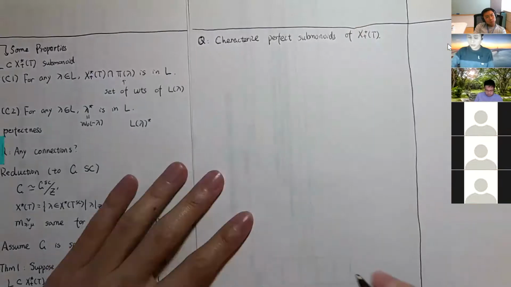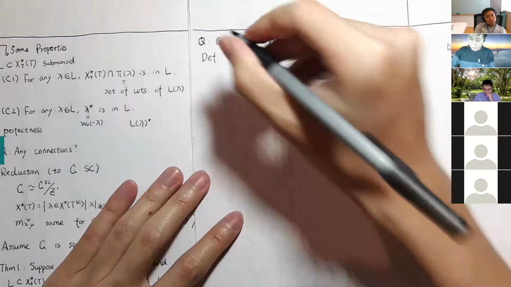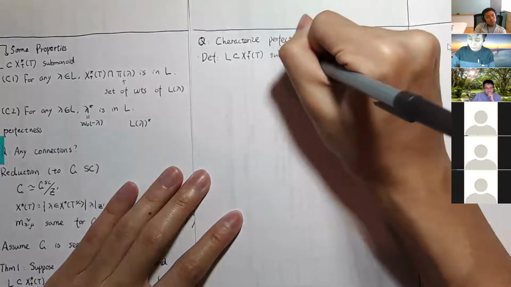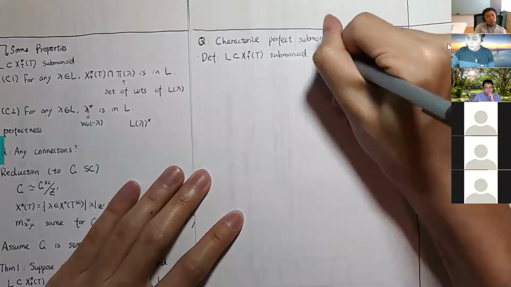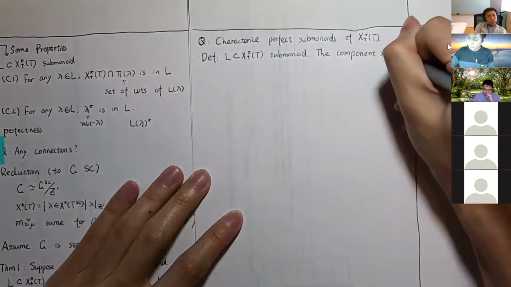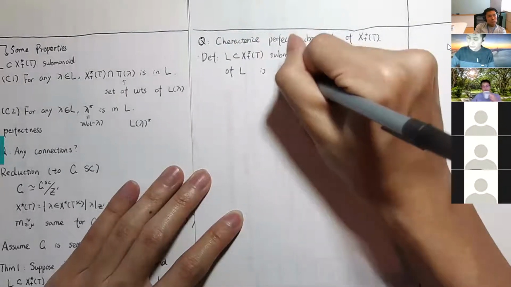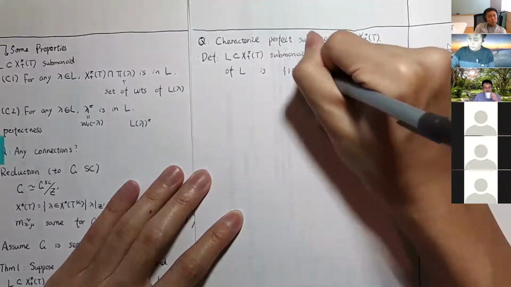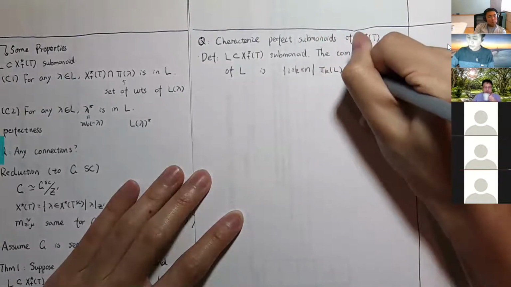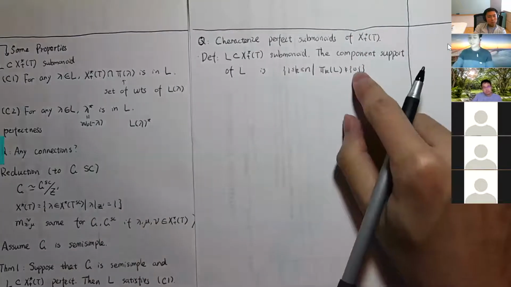So for this, let me first define the following thing. Let L be a submonoid of dominant weights. Then we define the component support of L to be the following set: the numbers k between 1 and n such that pi_k L is not the zero set, not a set just containing the zero element.